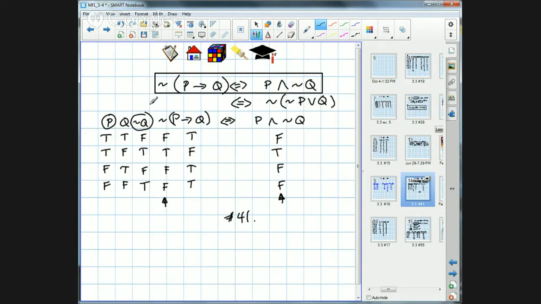Okay, does that make sense, first of all? Right. Okay. So then all I did was bring the box down here, and I started making a truth table.